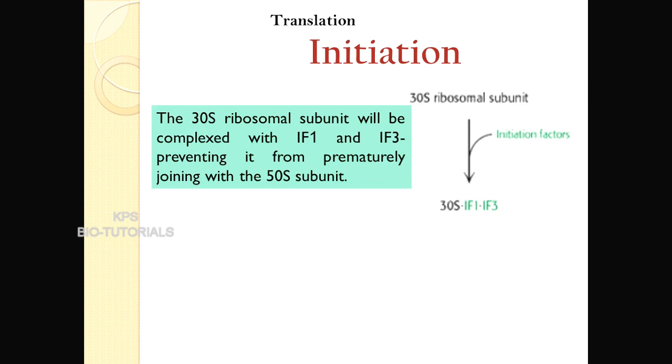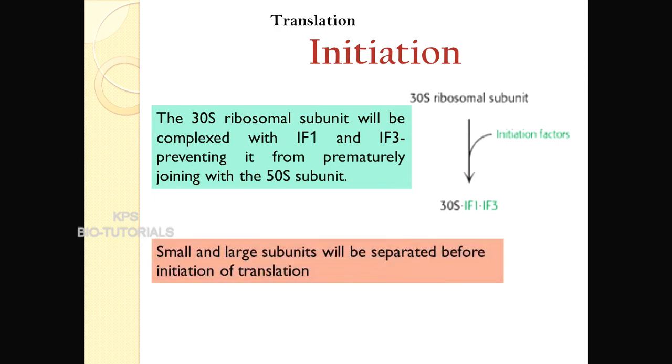So the function of initiation factors 1 and 3 is to prevent formation of the complete ribosome before the initiation of translation, or before the binding of mRNA and initiator tRNA. So only after the binding of initiator tRNA and mRNA with the 30S subunit, the 50S subunit can bind with the 30S subunit to form the complete 70S ribosome.